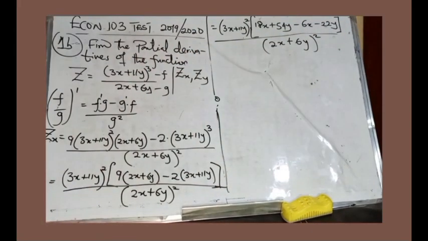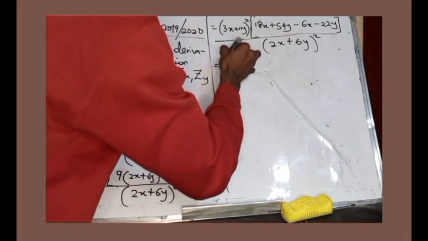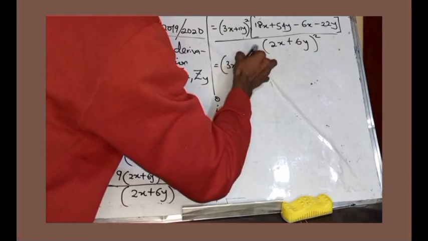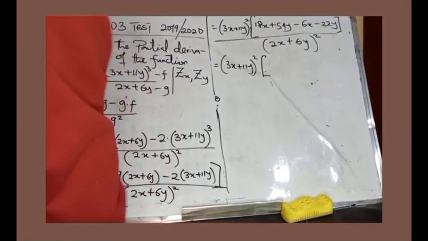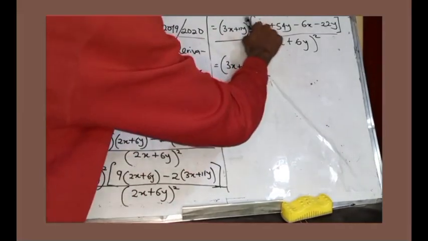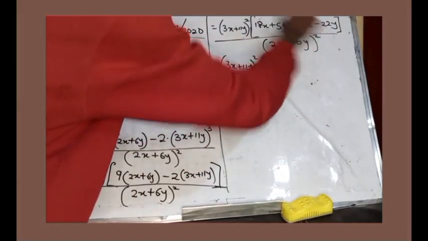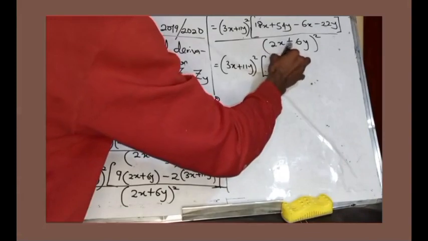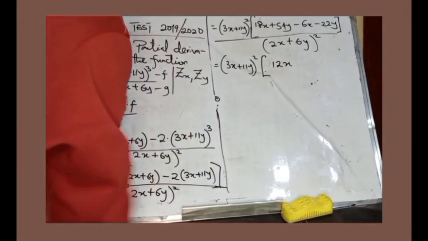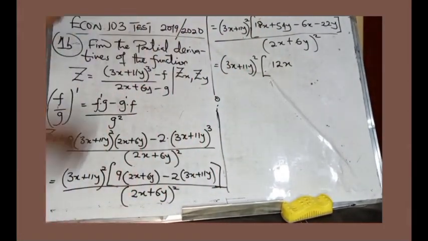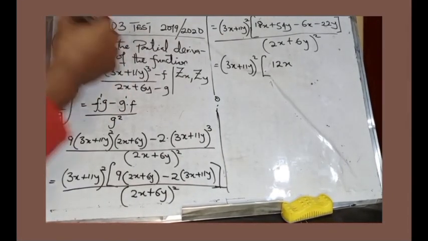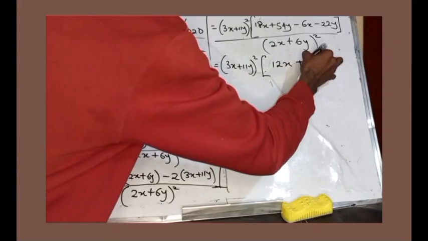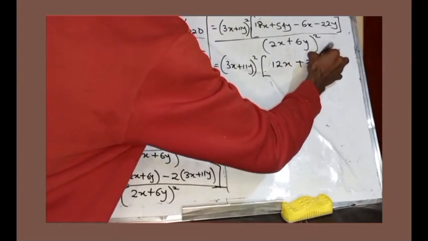Okay, now let's move on. What do we have now? Let me collect like terms at the numerator. Here is 3x plus 11y all square. 18x minus 6x will give me 12x, then 54y minus 22y would give me plus 32y.